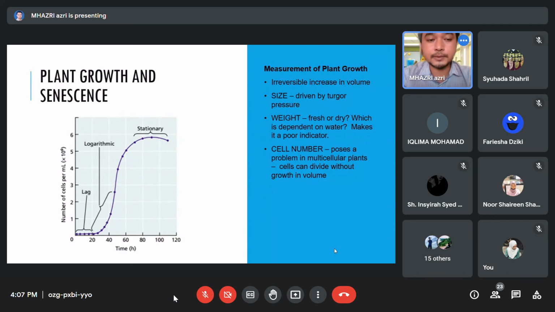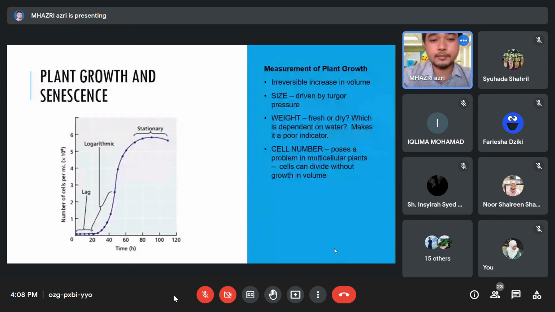Kalau kita ambil dua organ tumbuhan, for example, we take leaf and also stem.